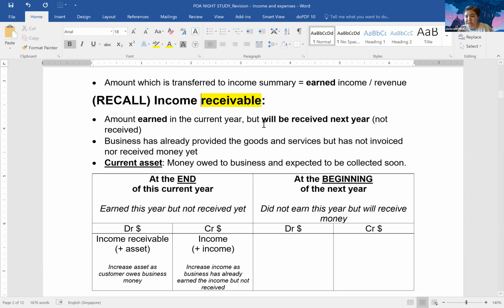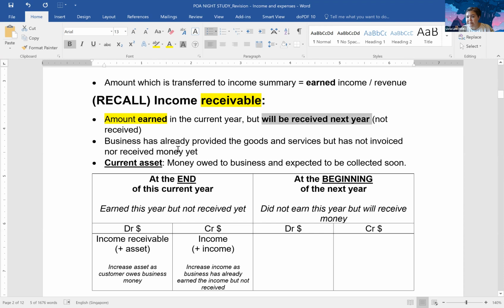All right, I am going to, but I have not received it yet. All right, so why is it a problem for the business? It's a problem for the business because actually the amount is already earned. The income is already earned this year, earned in the current year, but has not been received yet. It will only be received next year.